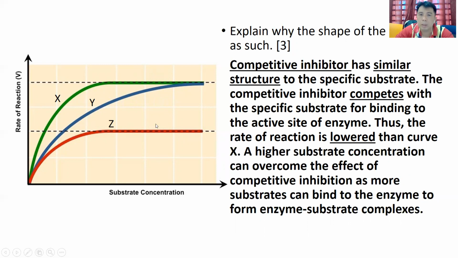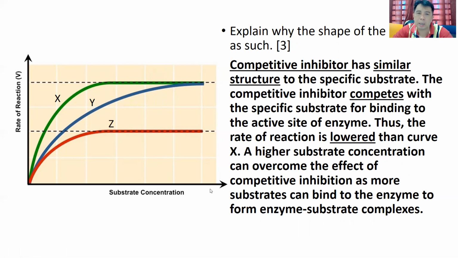So we compare, right? A higher substrate concentration can overcome the effect of competitive inhibition, as more substrate can bind to the enzyme to form enzyme substrate complexes. So this part is to explain why the higher substrate concentration can overcome the effect of competitive inhibitions.